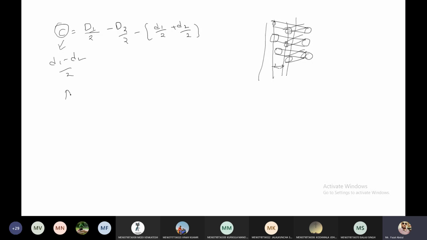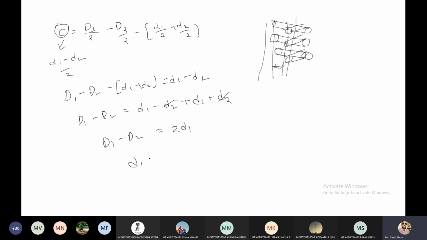It means the radial clearance between the springs is equal to the difference between the diameters of the wires. So now d1 minus d2 equals D1 minus D2 by 2.